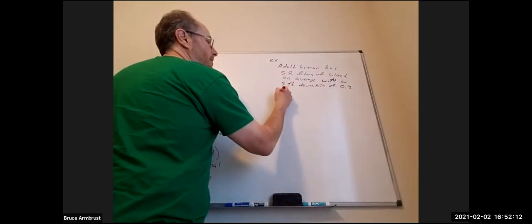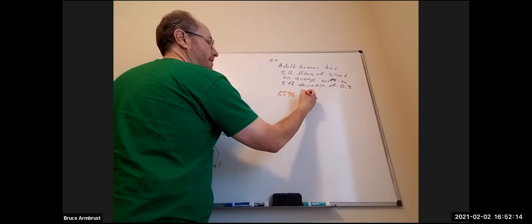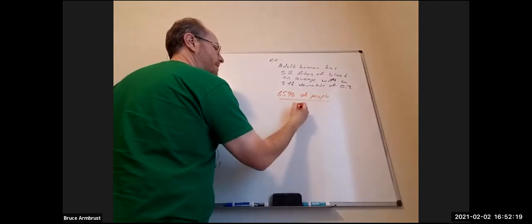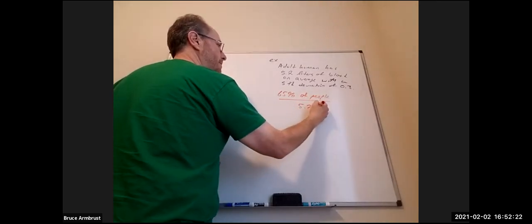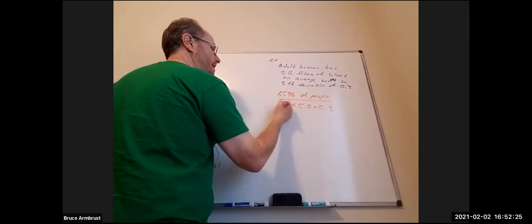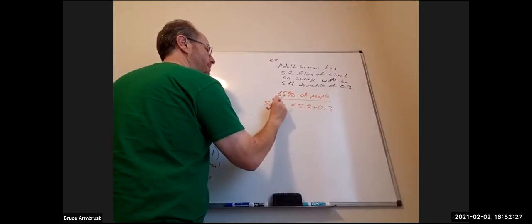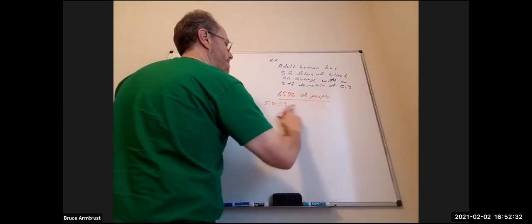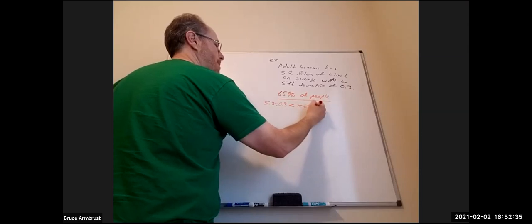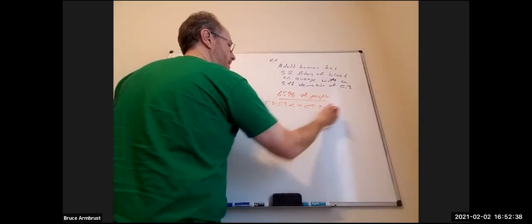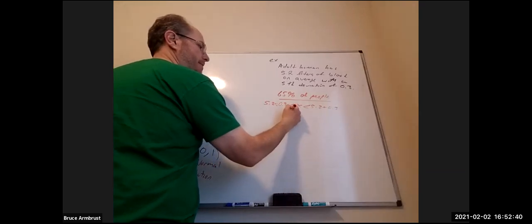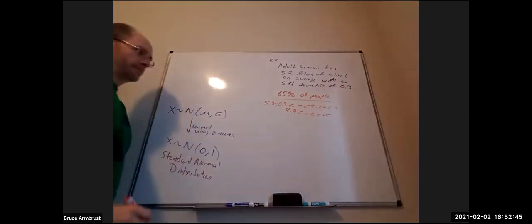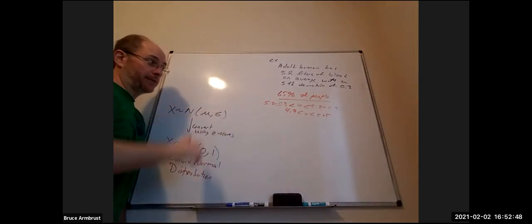So we know 68% are going to be between 5.2 minus 0.3 and 5.2 plus 0.3. That was the one standard deviation. That's how I came up with those numbers of 4.9 and 5.5. So it's very likely that you're going to be somewhere in there.